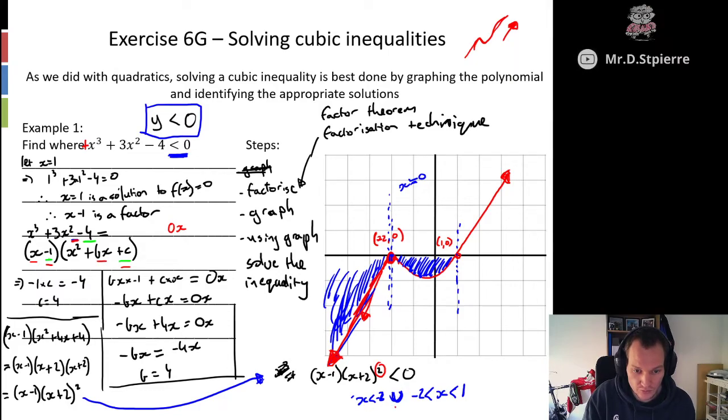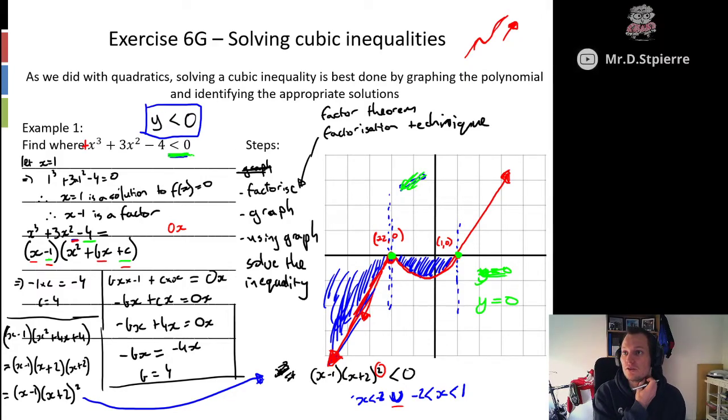And also, so I'm just using the union, when x is between negative 2 and 1. And because it's asking for less than, we don't count the actual intercepts, because at the intercepts y is equal to 0. It's not less than 0, which is what we require.